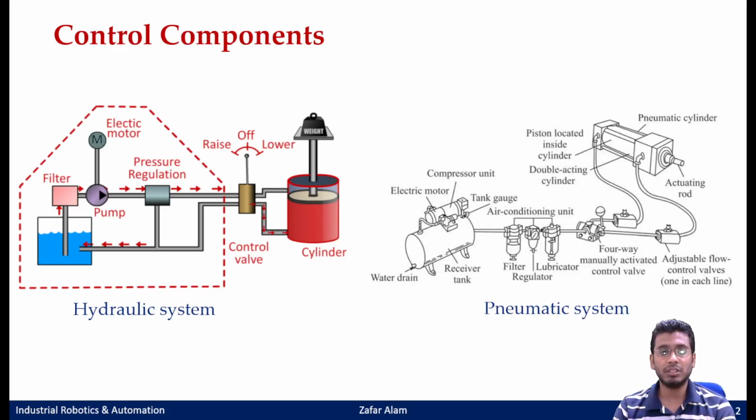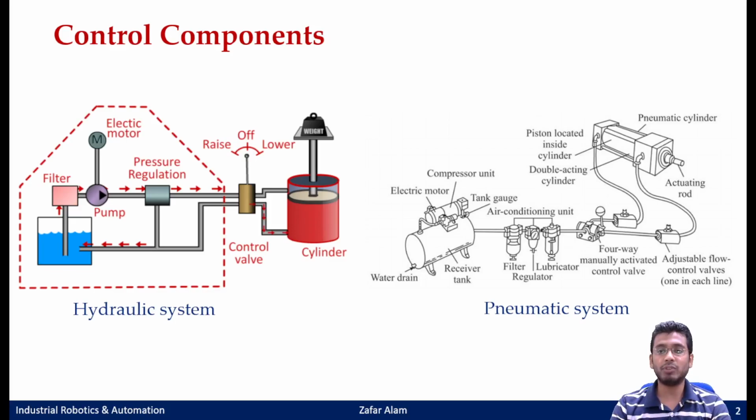Now if you see the picture to your right, you can see a pneumatic system. In the pneumatic system also, there is a power generation unit in the form of a compressor, which is powered by an electric motor. Then you have the air conditioning units such as filters and lubricators.